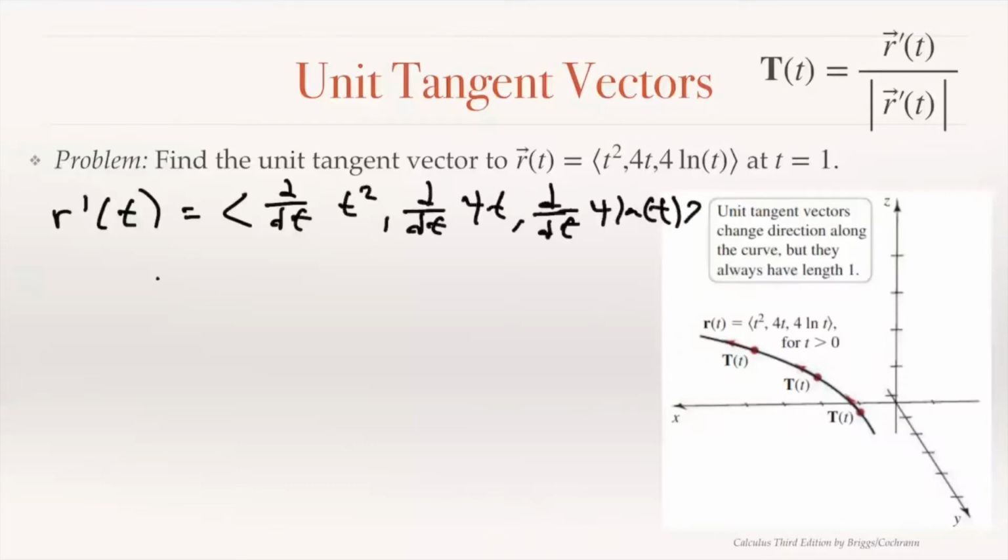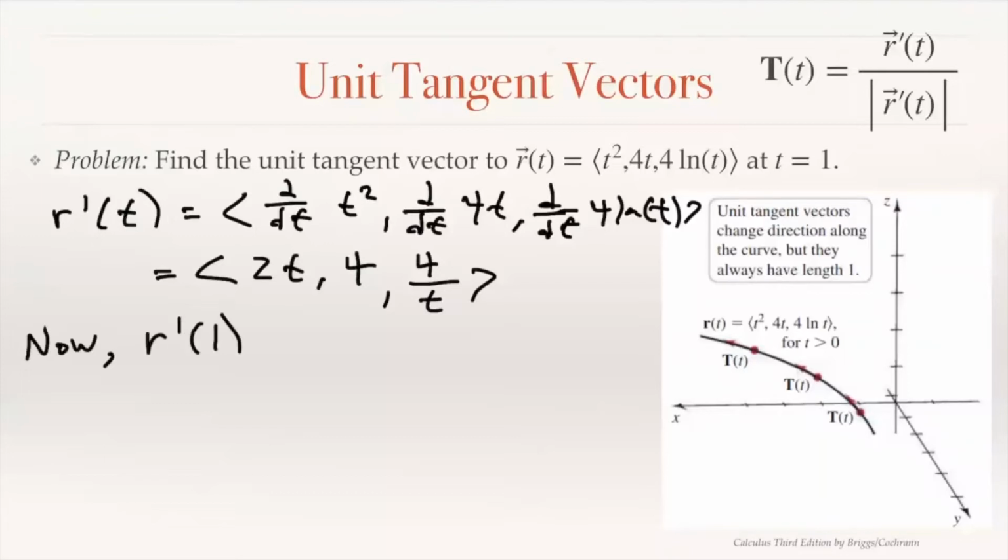The derivative of t squared is 2t, the derivative of 4t is 4, and the derivative of natural log of t, recall, is 1 over t. So this will be 4 times 1 over t, which is 4 over t. Now r prime of 1, the point at which we want to find the unit tangent vector. And I know this is not the unit tangent vector yet. We're just finding a tangent vector here. It would be 2, 4, 4, plugging in 1.